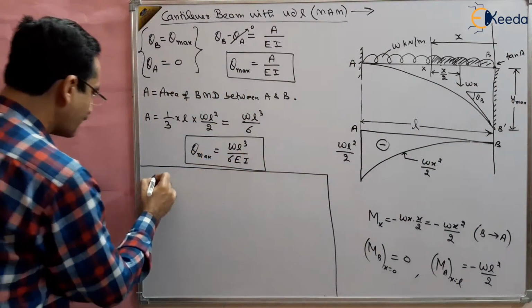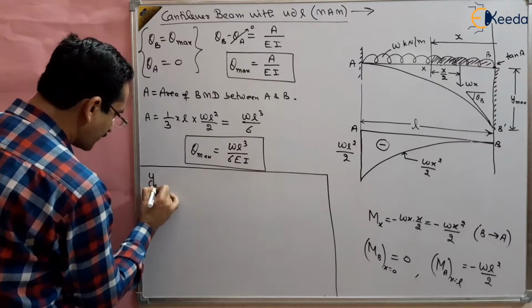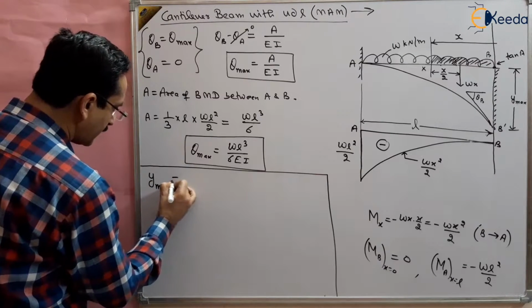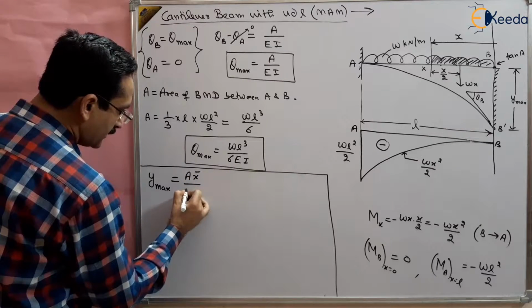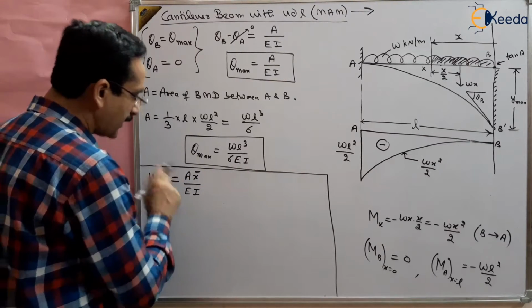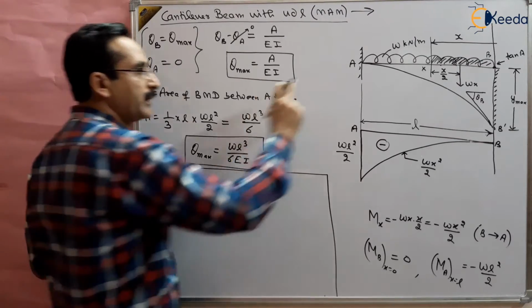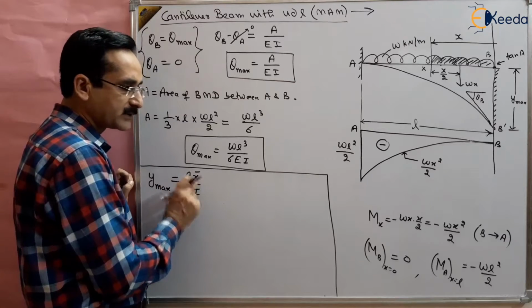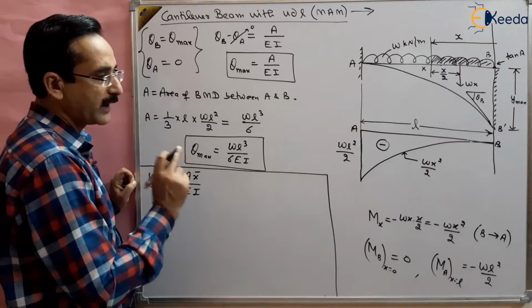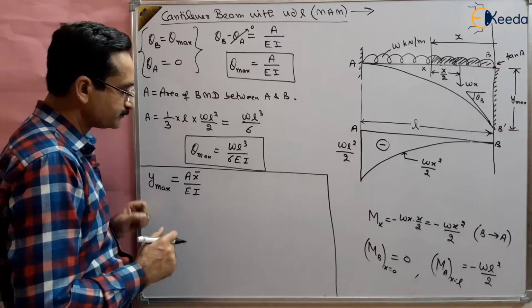So Y max can be obtained by taking A X bar by EI, that is, the area between A and B, and the moment of that area means X bar.